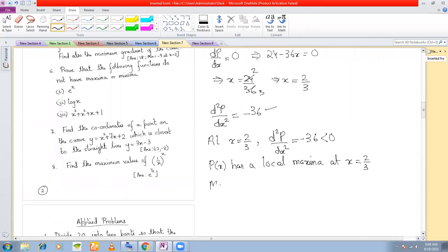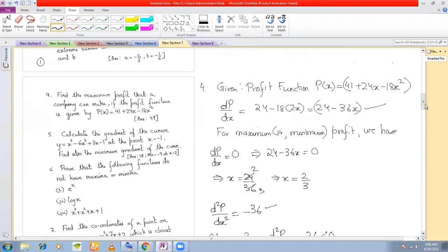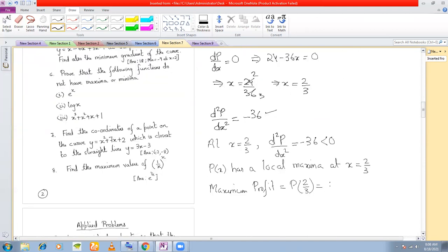And what is the maximum profit? Put the value of x as 2/3 in the function. The function here is 41 + 24x - 18x squared.